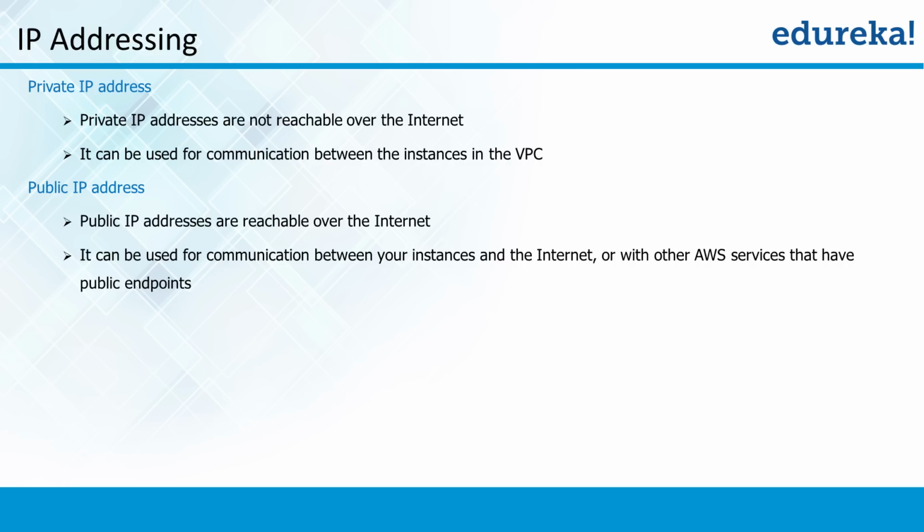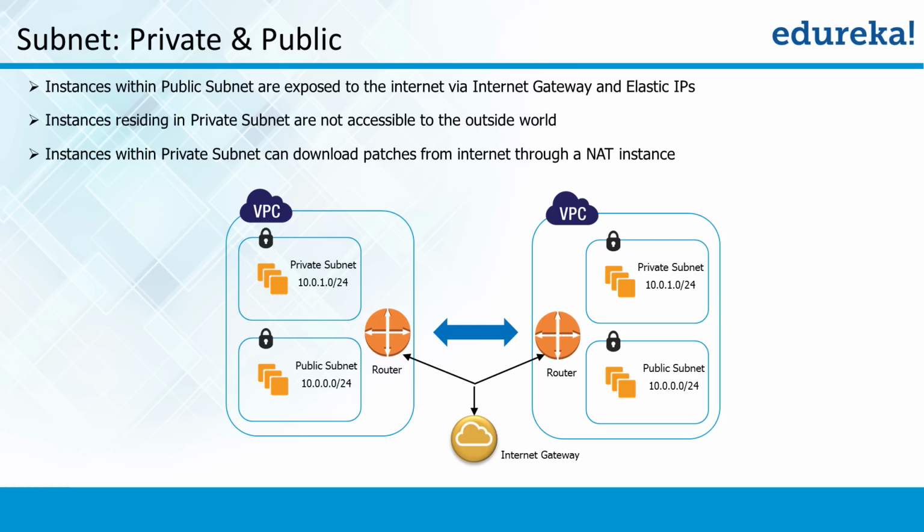A public IP address is reachable over the internet, so you use it for communication from the internet into your servers. So your web server, for example, will need a public IP address. All right, now a subnet. A subnet can be private or public, like we discussed.